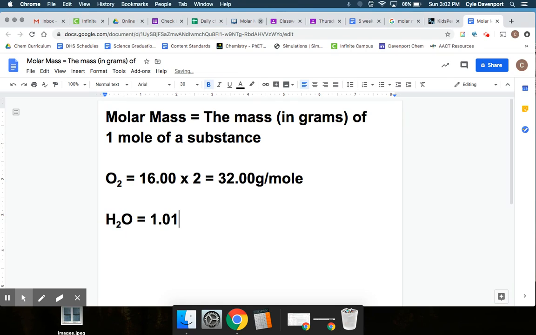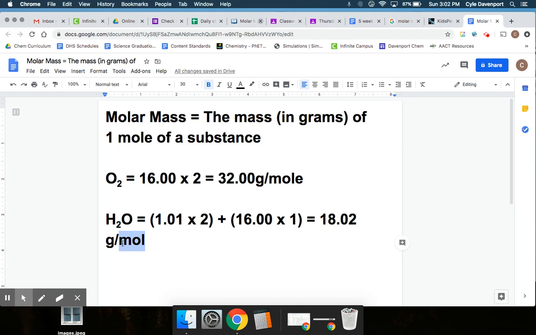For hydrogen, we've got 1.01, and there's 2 of them total, so it's in parentheses. Oxygen is 16.00. There's only 1 of them, so I'm going to write 16 times 1. We add those together, and we get 18.02 grams per mole. So 1 mole of water weighs 18.02 grams.